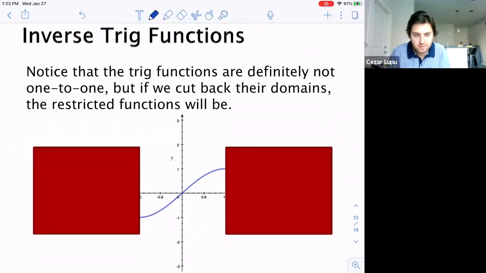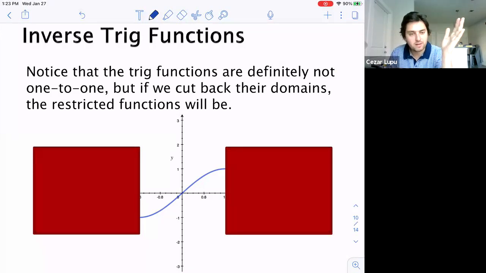So look at this picture. You see, if you look closely, notice that the trigonometric functions, whatever you want to take, like sine, cosine, tangent, cotangent, it's very important to look at their domain of definition.